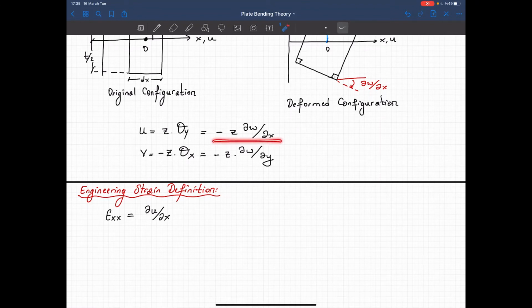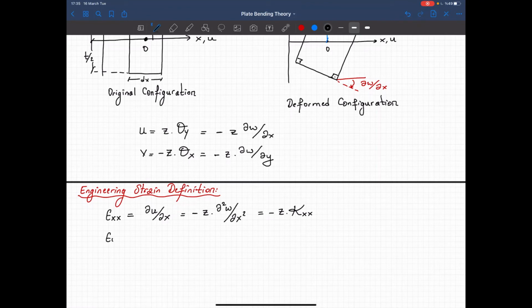So put this into that equation, then that will be equal to minus z times del square transverse displacement divided by del x square, which is equal to minus z times curvature xx. This is very similar to the beam theory.